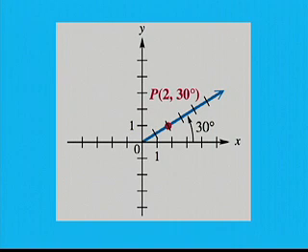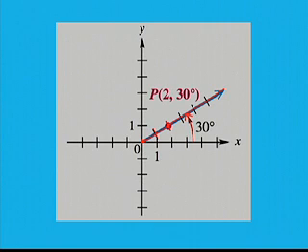And you can see that we have clearly marked here a distance of 2 from the origin along the line that is at an angle of 30 degrees.